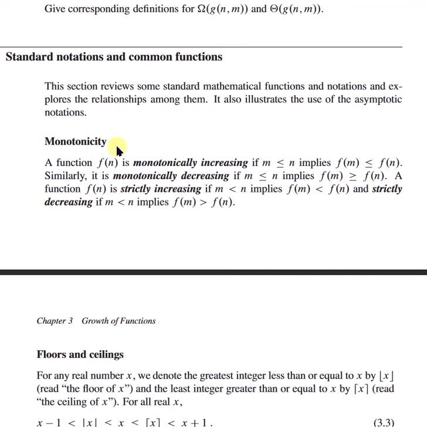When n equal to 1, f of n equal to 4, that is 3 plus 1. But when n is equal to 3, f of n equal to 3 plus 3 equal to 6. So 1 is less than 3, and the output 4 is less than 6. That is what they are trying to tell. Increasing, decreasing, for all m less than or equal to n, that condition should hold true.